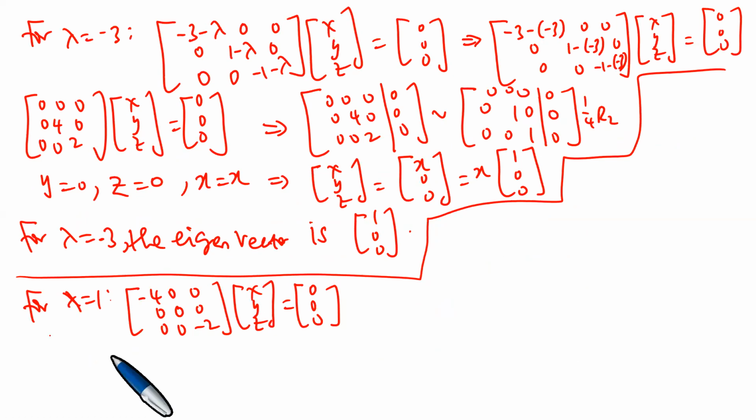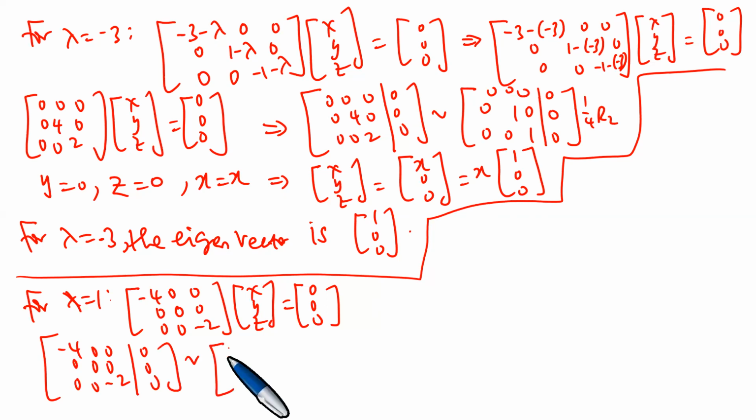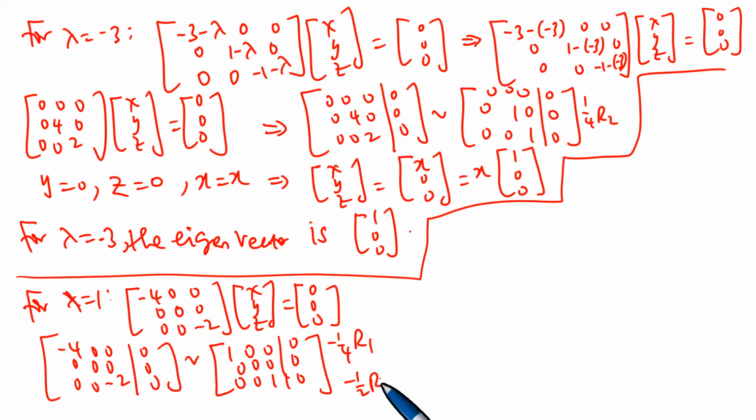Right, so it is clear that the matrix minus 4, 0, 0, 0, 0, 0, 0, 0, minus 2 row reduces to 1, 0, 0, 0, 0, 0, 0, 0, 1, which is minus 1/4 row 1, minus 1/2 row 3.